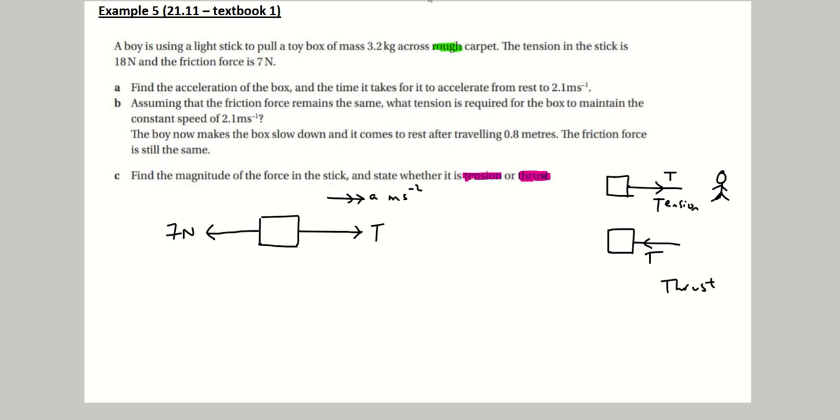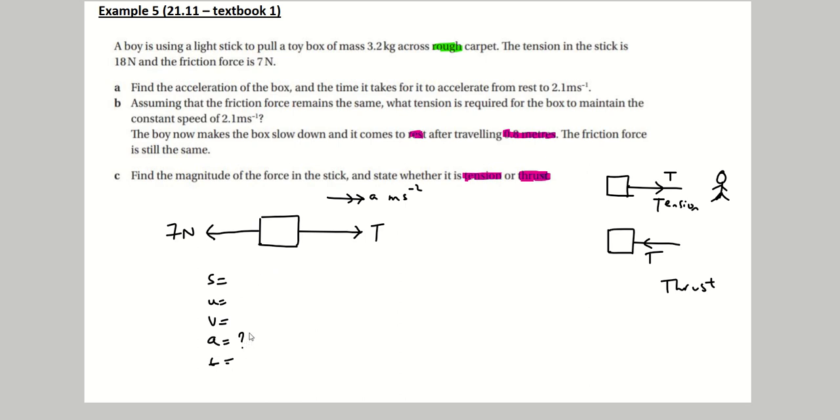So I'm going to use this information. It tells me that the box is slowing down. It comes to rest after traveling 0.8 meters. So we're going to use a Suvat equation. I'm going to write out my Suvat list and work out this deceleration. The box is coming to rest, it's slowing down, so that's going to be a deceleration I'm working out.